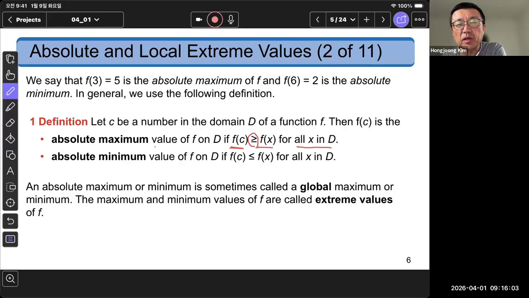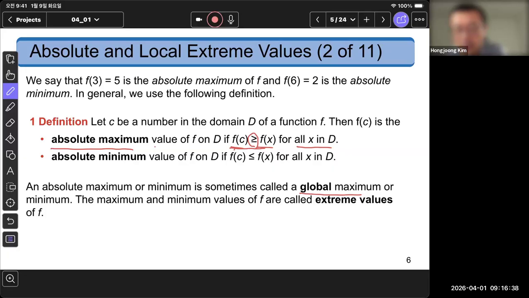In English, we say f(c) is the largest. It is the largest value. But in mathematics, if that's the case, then we say that f(c) is the absolute maximum. Okay, so f(c) will be the absolute maximum, or sometimes global maximum, if the value of the function at that point is greater than or equal to any other value.